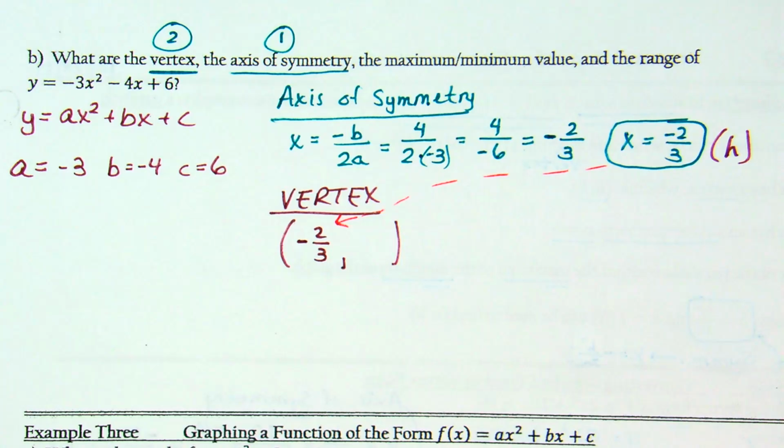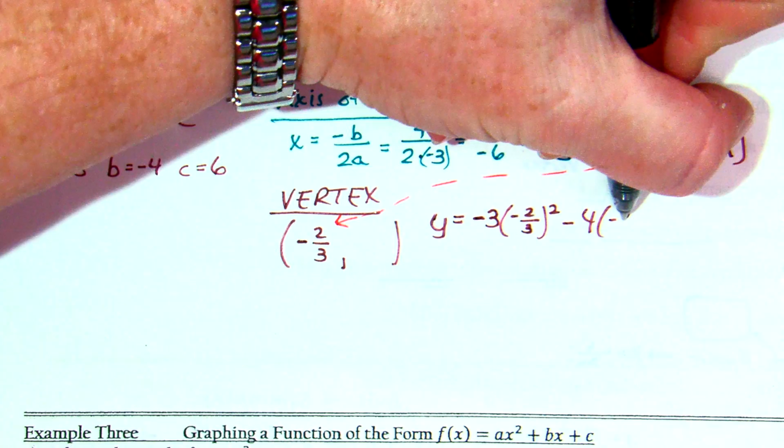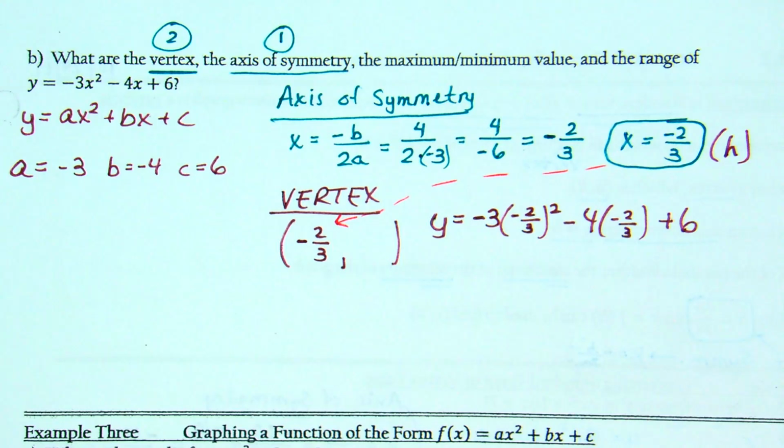Plug it in. Take your h value, your x value, and plug it in to the original y equals equation. So, y equals negative 3 times negative 2/3 squared minus 4 times negative 2/3 plus 6.